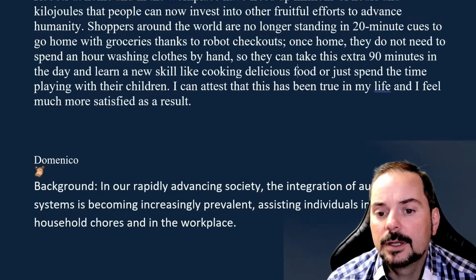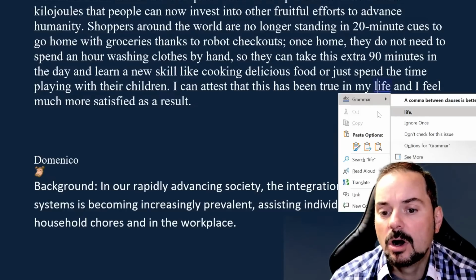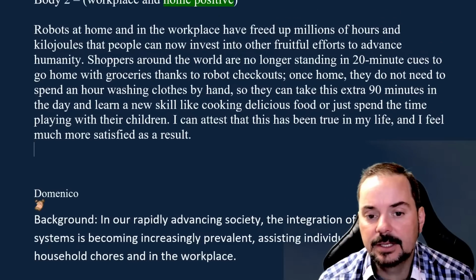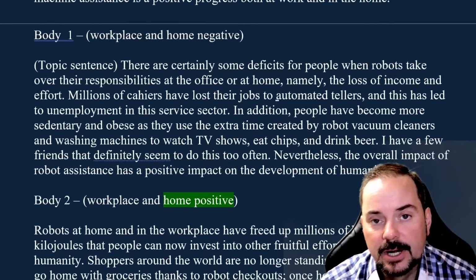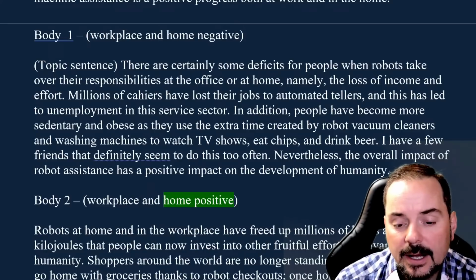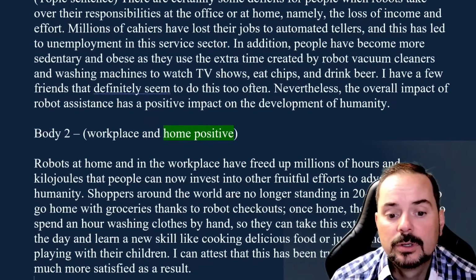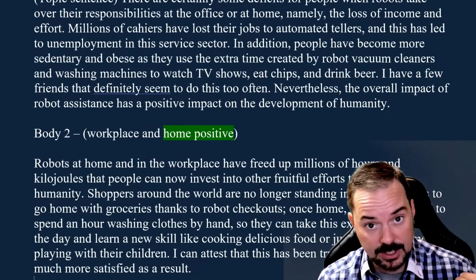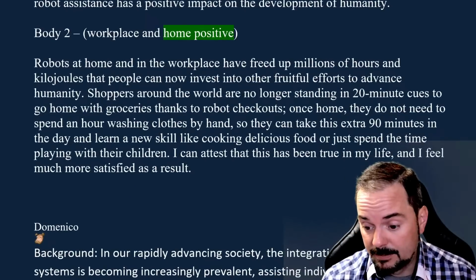So here it's again the content, right? You notice how I simply took my body paragraph 1 and turned it into a very positive body paragraph 2.